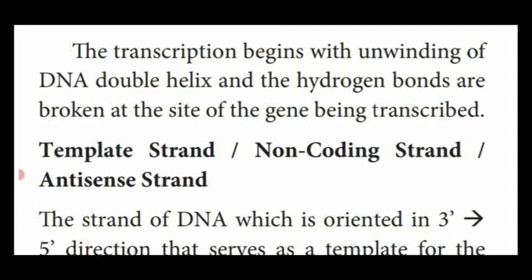So the first step starts with unwinding of the DNA double helix by the enzyme helicase. The hydrogen bonds are broken at the site of the gene being transcribed, that is the DNA which contains the genetic material known as the gene.